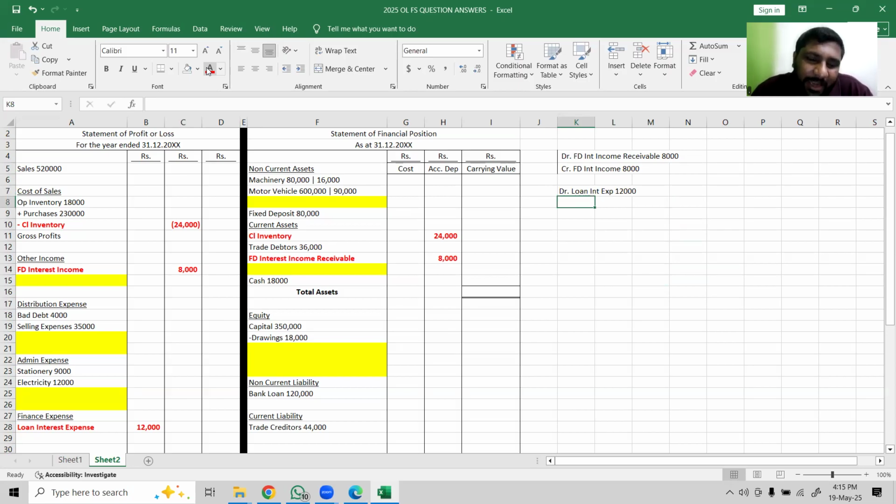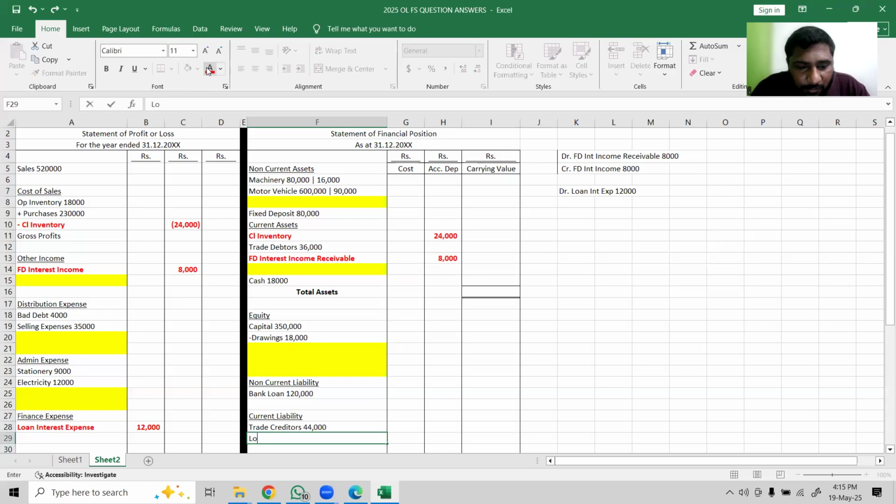We have not yet paid it. Good. It's a current liability. We have not yet paid it. Loan interest payable, if not, accrued loan interest.